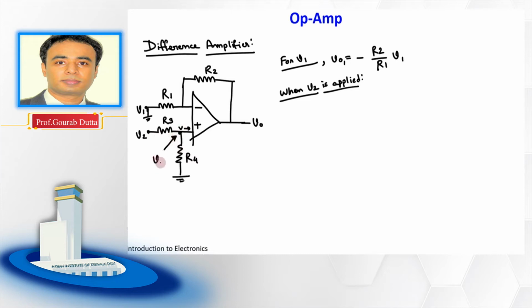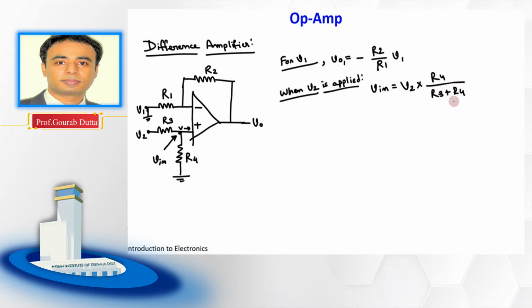And let us say that this potential is V in. Then what is this V in? We can write V in in terms of this V2 and this R3 and R4, right? Simple voltage division. R4 by R3 plus R4, isn't it?